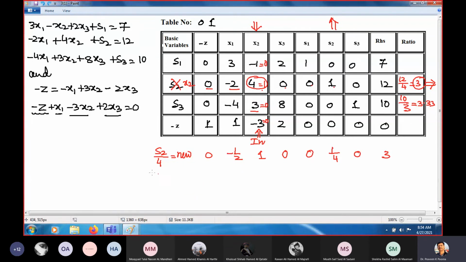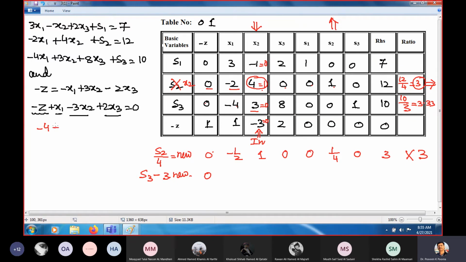So what transformation will we use? S3 minus. Here is 3, here is 1. So 3 into new. You need to multiply by 3 in this row and then subtract. 0 minus 0, it is 0. Minus 4.